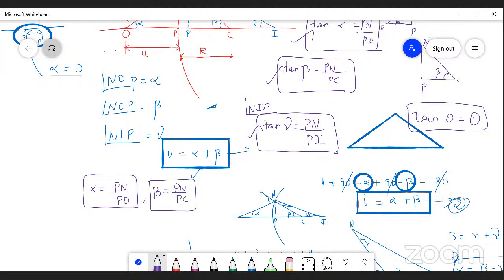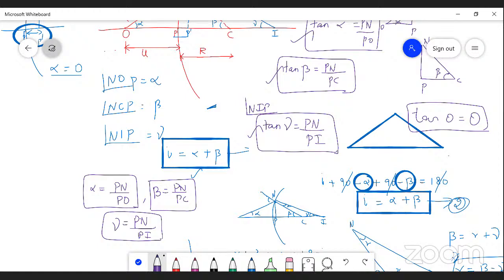And the next one, gamma is equal to PN divided by PI. For the smallest angle, tan theta is equal to theta, and sin theta is equal to theta.